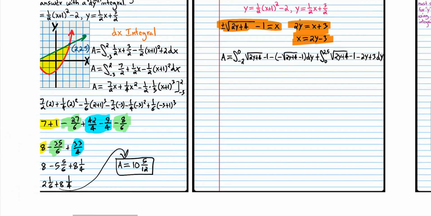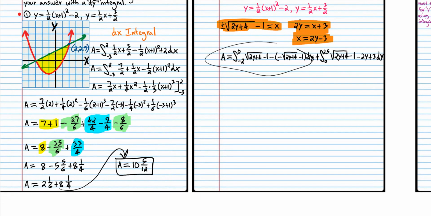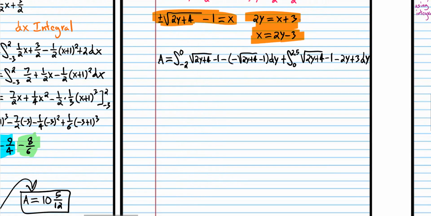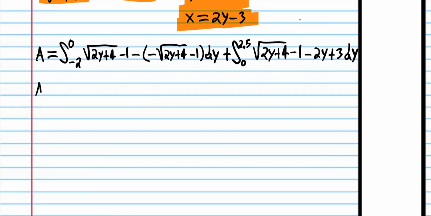So you see how we needed two integrals? We need this integral and we need this integral. Sometimes you have to do that when you're finding area. Okay, so now all we have to do is calculate the integral. So it looks like we're going to have 2 root 2y plus 4. And the 1's are actually going to cancel out.